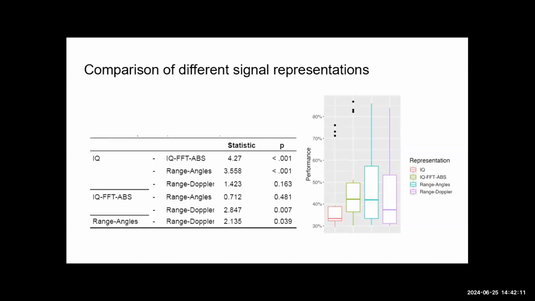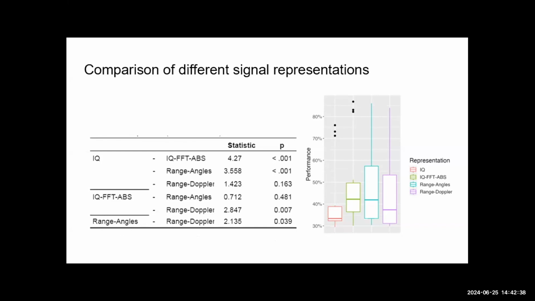For a model trained with IQ signal, when we test the model with the material condition, we have 14 performances, one for each material. So now we have 14 accuracies for IQ, 14 accuracies for this, and 14 accuracies for range angles.